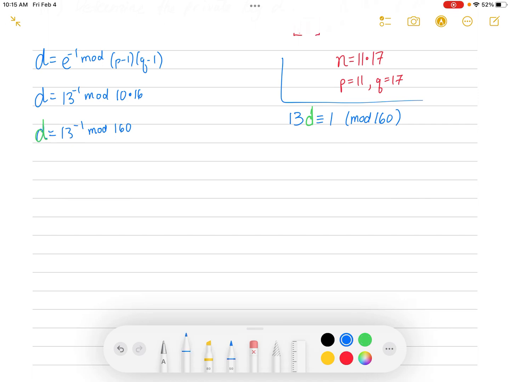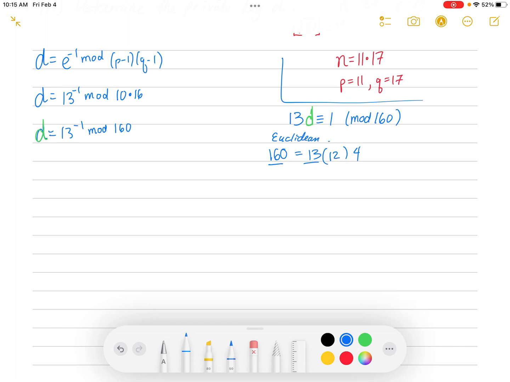So how could I do that? Well, I could start with the Euclidean algorithm here. I could take 160 and divide 13 into it. Let's see, 160 divided by 13 has a quotient of 12. 160 minus 12 times 13, the remainder there is 4.